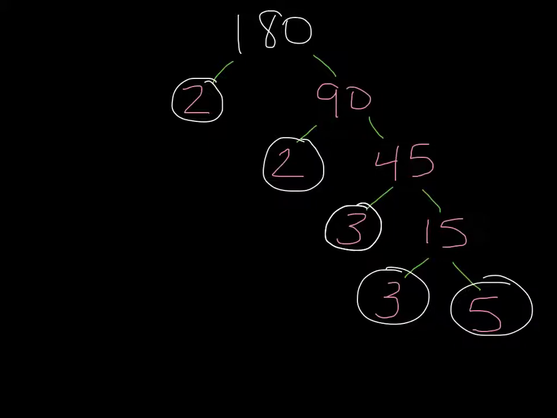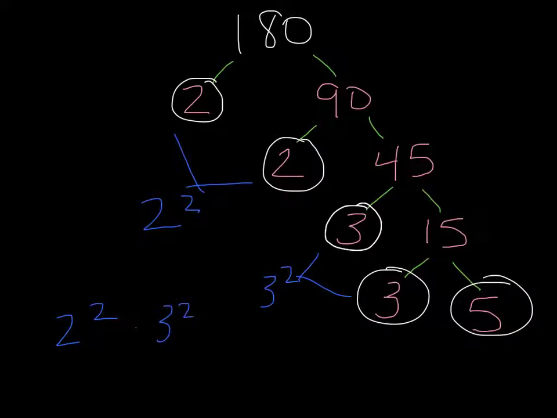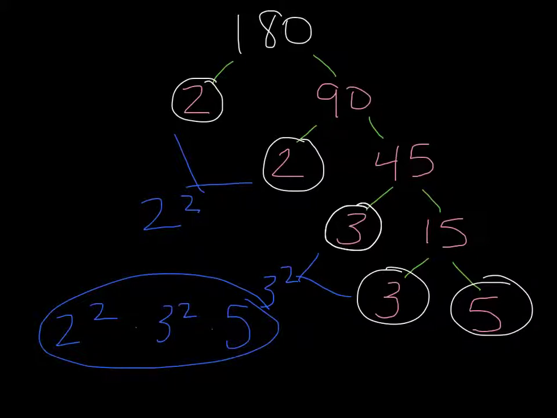We can actually also write it as 2 squared and 3 squared because there's 2 of both of those. So 2 squared times 3 squared times 5 would be our prime factorization of 180.